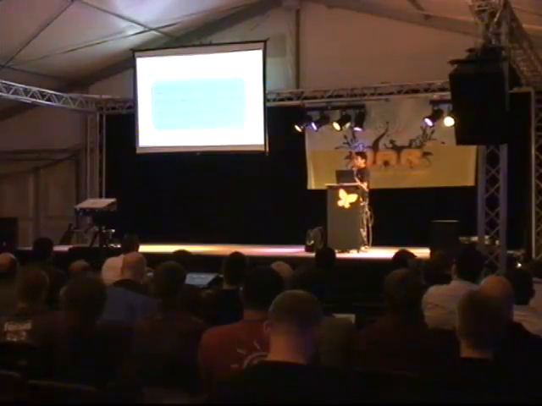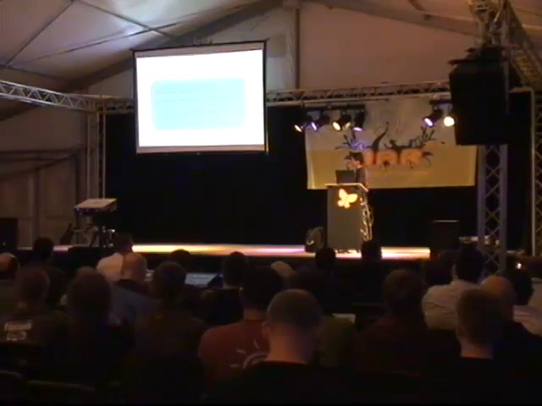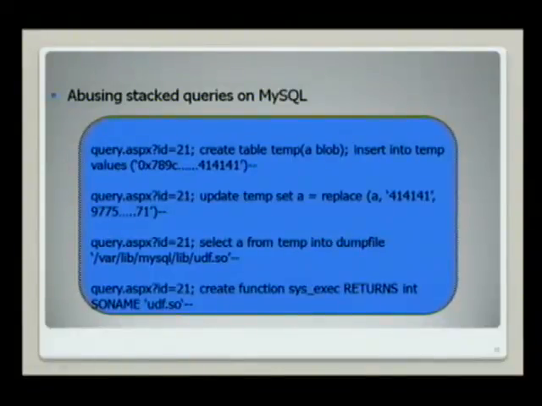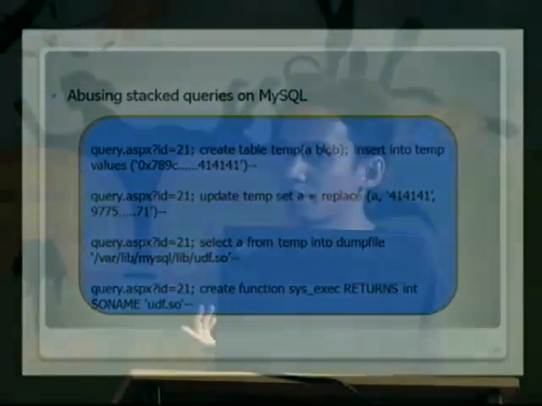Then you got a shell. And as we are going to focus on MySQL today, I'm going to give a big explanation about how you can abuse stacked queries. This only works on MySQL with a database connector that supports stacked queries. Basically, as far as I know, it's only ASP.NET when it works with MySQL that can have stacked queries enabled. If you look at the first one, this is where you create your tables, and it has to be type blob, and then you start to insert your shared library into these tables.